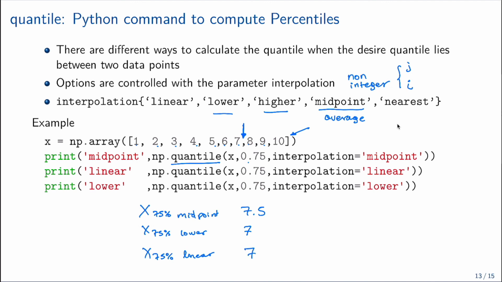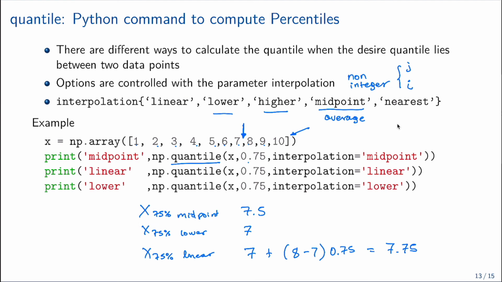So we have 7 plus the difference between the two, which is 8 minus 7, multiplied by the percentile that we are looking for, 0.75. So in this case, it will be 7 plus 0.75 times 1. That's going to be 7.75.